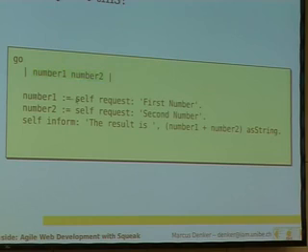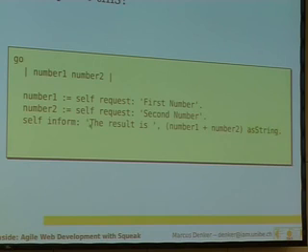And then I just say, please give me the first number, and I assign it to number 1. Please give me the second number, and I assign it to number 2. And then I just add those together here, make a string out of them, attach it to some nice string at the beginning, the result is, and just say, please print out this last page. And everything else should be automatic.